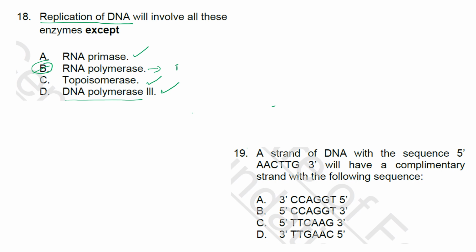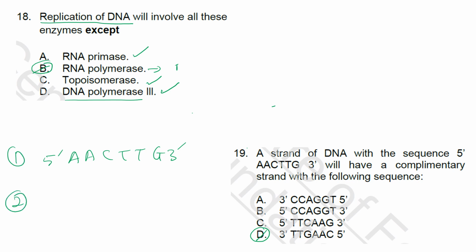Number 19. A strand of DNA with the sequence 5' AACTTG 3' will have a complementary strand with the following sequence. Which one? The answer will be D. If you look at the sequence 5' AACTTG 3', this is the first strand.